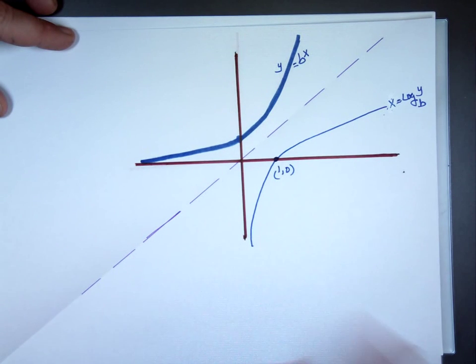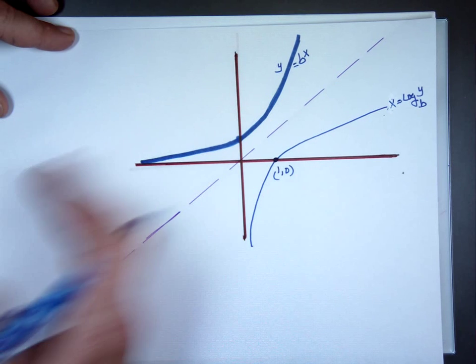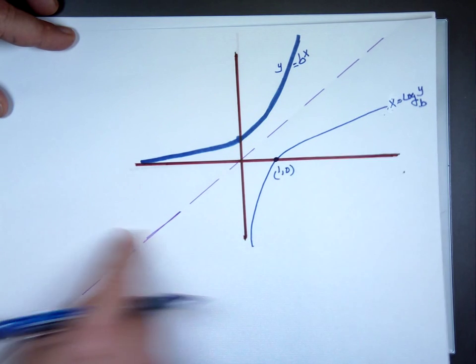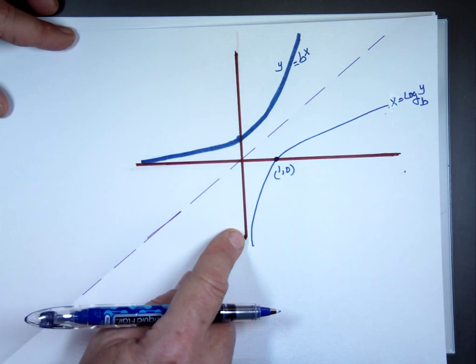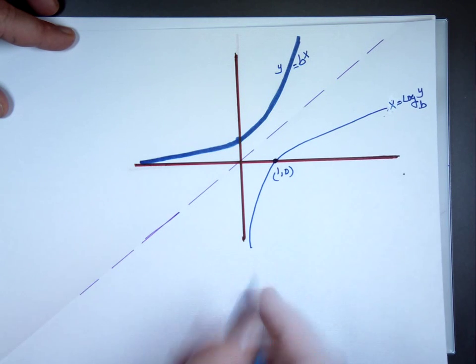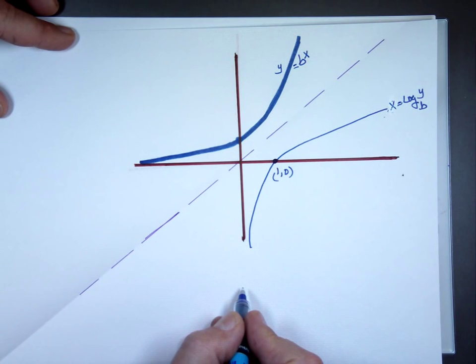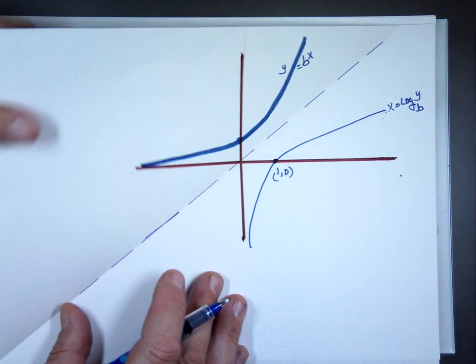Do you have any graph to the left of the y-axis? Do you see anything on this side? Nothing. Does this even touch the y-axis? No. That's rule number 1. What's rule number 1?